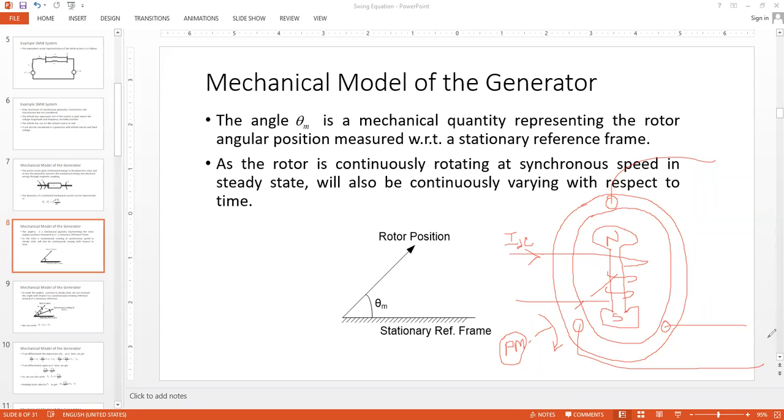So what should be the rotor position at this point, or what should be the rotor axis at this point? 0 degrees, sir. I'm talking about, let's say, the line which will represent the rotor position. 0 degree. Okay. 180. One.